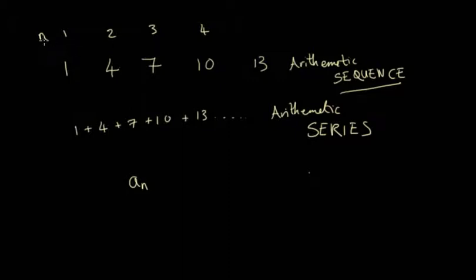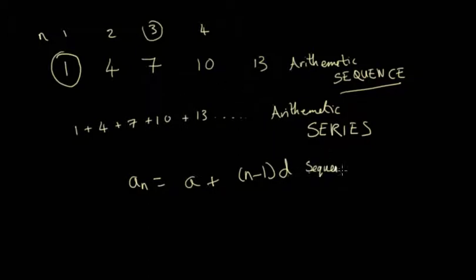So if we wanted term 3, that would be 7. an is a, the first number in the sequence, plus n minus 1 times d, where d is the difference, which in this case is 3. So this was the general rule for the sequence. Today we're going to find the general rule for a series.